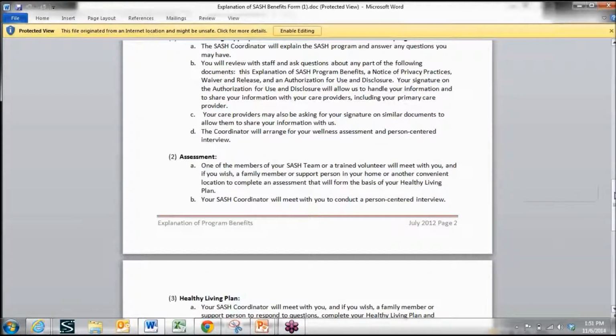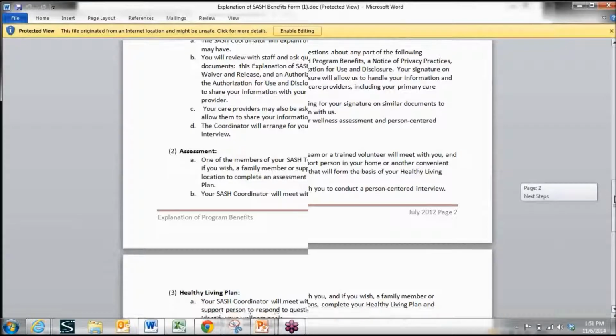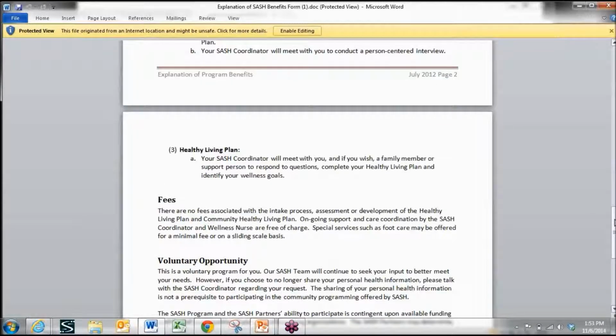It's just letting them know this is what comes next. That there will be a SASH assessment done, that someone from the SASH team, very likely the coordinator or the wellness nurse, is going to notify them to get an assessment completed. And then the healthy living plan is the next thing in line after the assessment. So that just gives them a look at the roadmap ahead, so to speak.